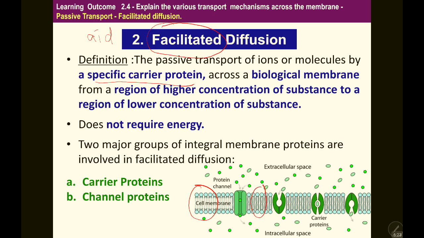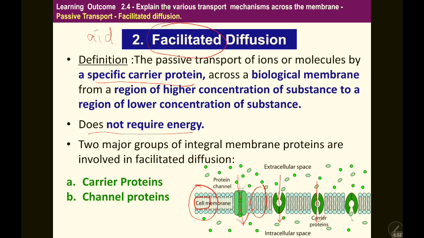Maybe they are large, maybe they are hydrophilic and cannot go through this hydrophobic region, maybe they have charge. So these molecules can go through the membrane through a channel protein, with the help of the protein. That's why this diffusion is called facilitated diffusion. It is also known as passive transport because it also does not require energy.